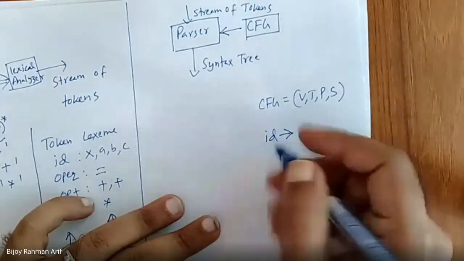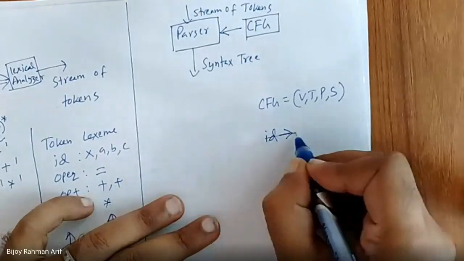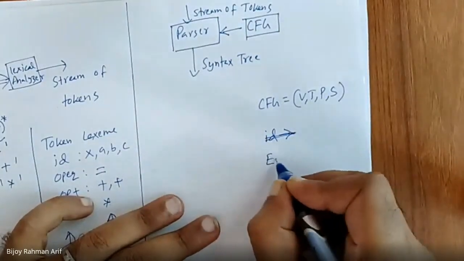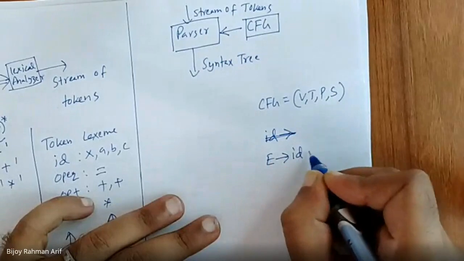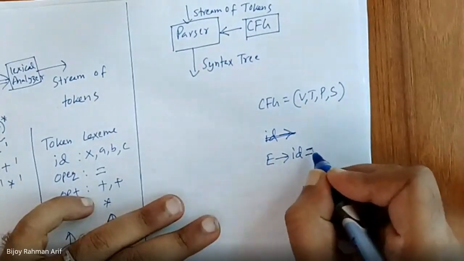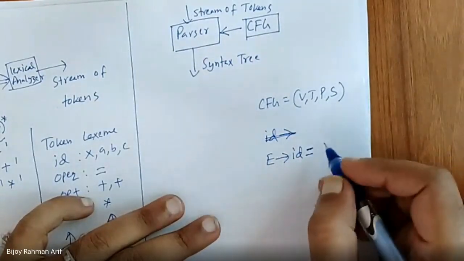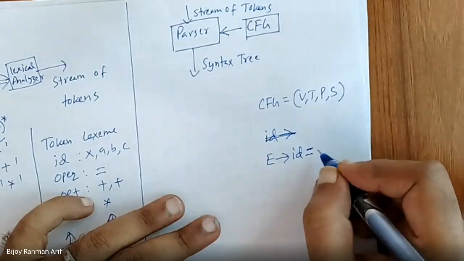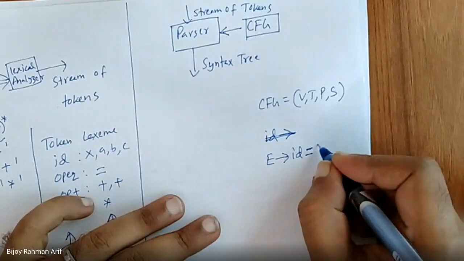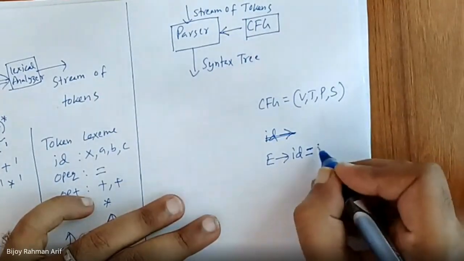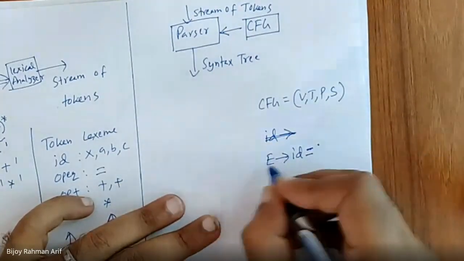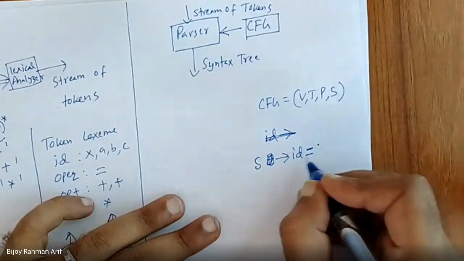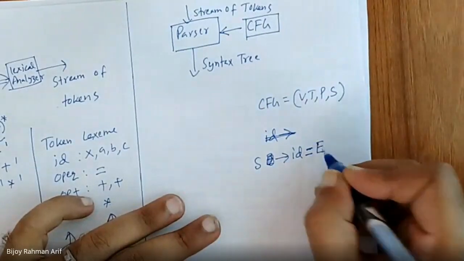ID equal to. Let's call it the start state. Start is nothing but ID equal to expression.